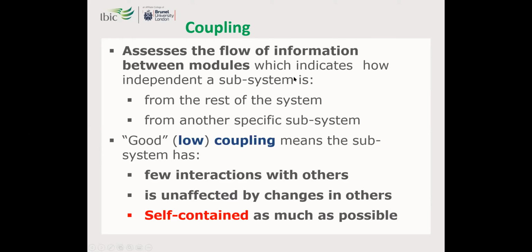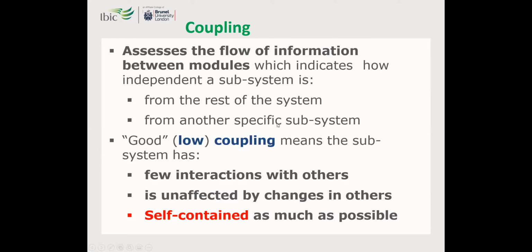As you remember, I told you that for putting all the components together, we need to know the connectors, and we need to understand how they are dependent or independent. It is the same here. When we want to apply coupling, we need to be aware of these two concepts: how independent a subsystem is from the rest of the system, or from another specific subsystem.